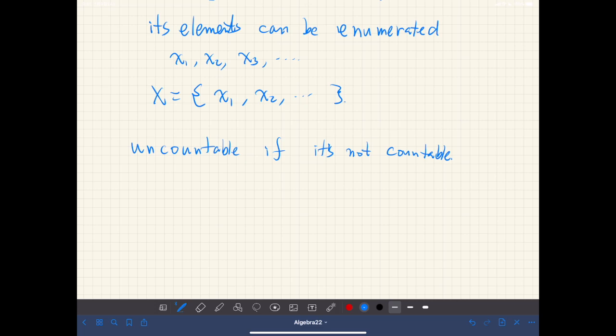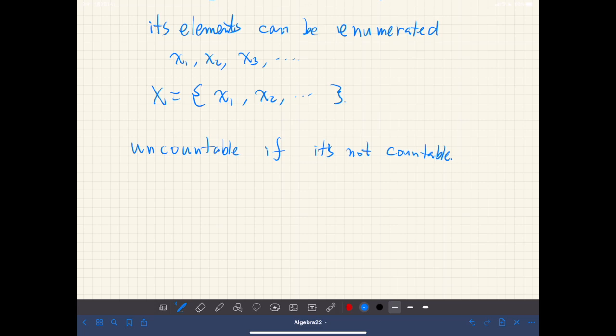Some mathematicians prefer to distinguish between finite and countably infinite sets. But in our case, we just call both finite and countably infinite sets countable.